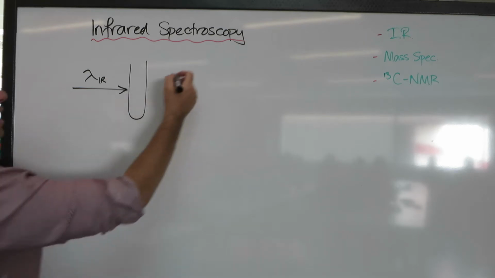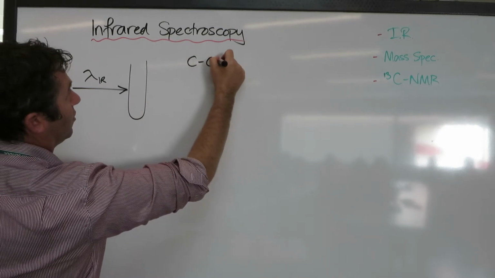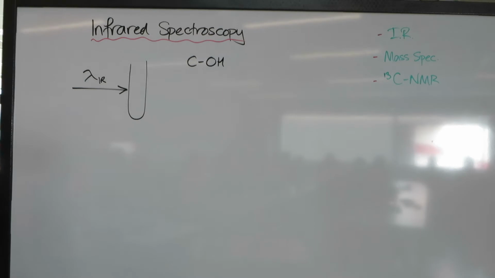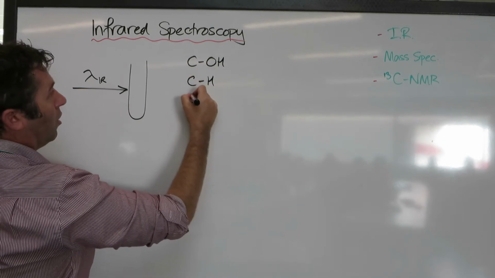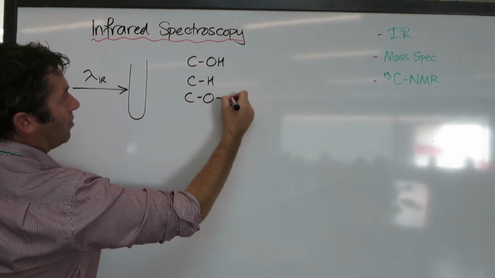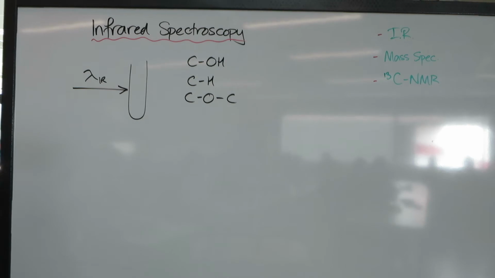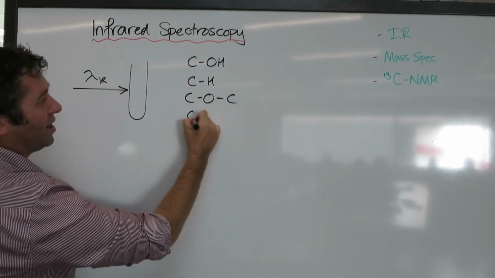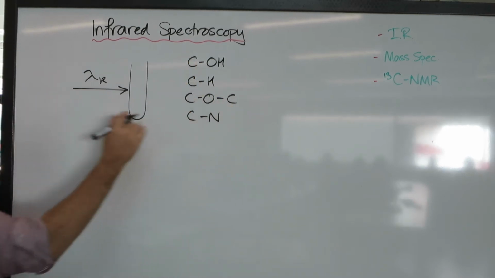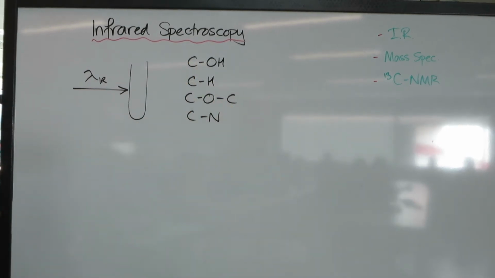So for example, a carbon-oxygen that is bound, so a COH bond, will absorb a different wavelength of infrared to, for example, a carbon-hydrogen bond, and that would be different to, say, a carbon-oxygen-carbon bond for something like an ester, that sort of thing. So the different bonds, and particularly things like nitrogen, absorb different wavelengths of infrared.